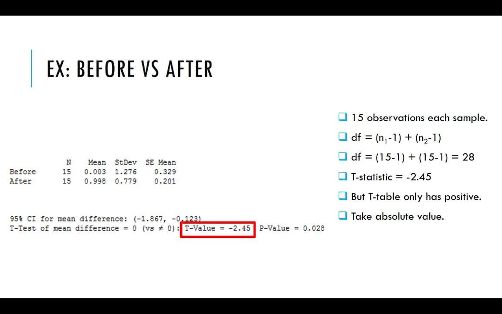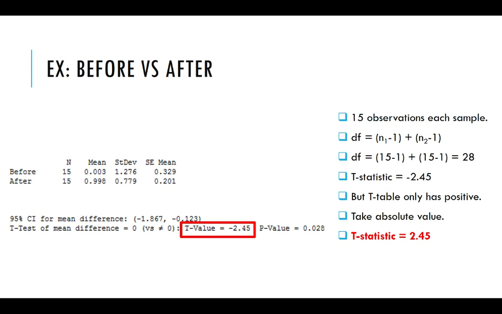All right. So again, some of you are probably saying, okay, negative t, yeah, all right. It would be better if that was a positive number, but just go with me here. T-statistic, 2.45. That's what we're going to work with, and that's what we're going to compare to our t-critical.